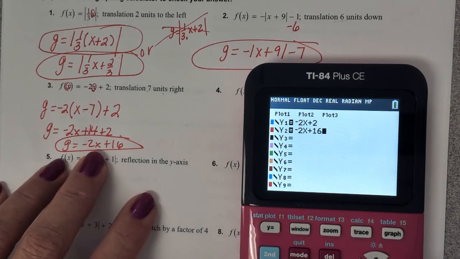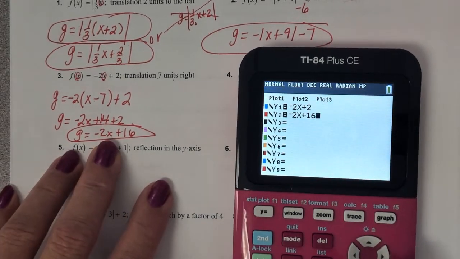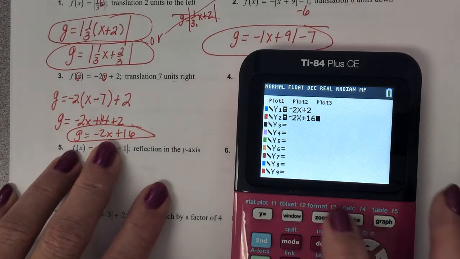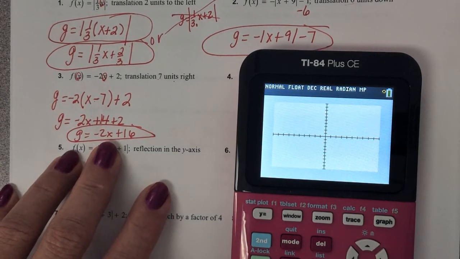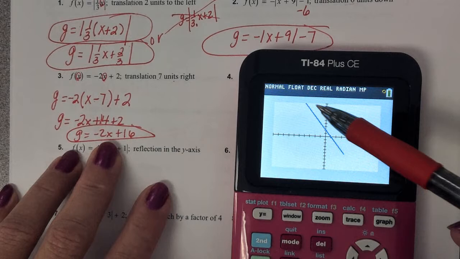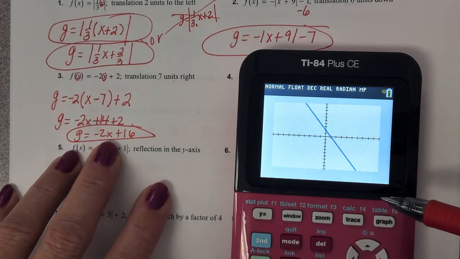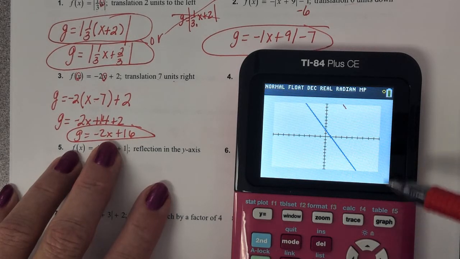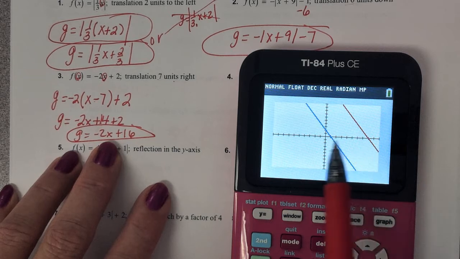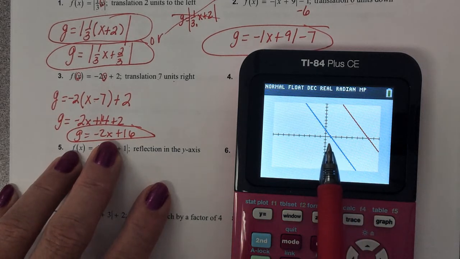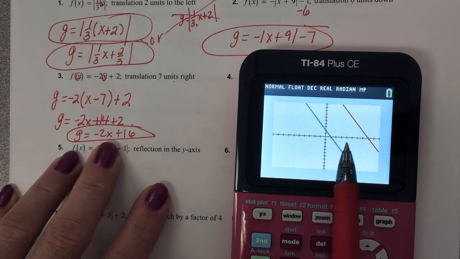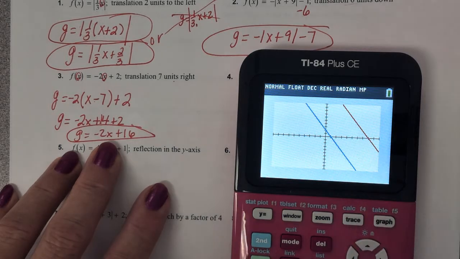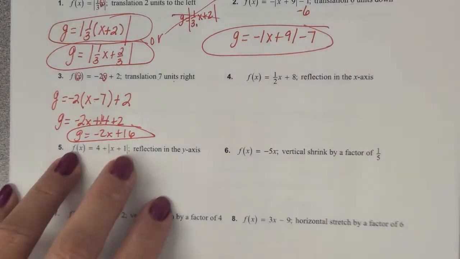That's supposedly going to take it to the right 7 units. Let's see if it does. So here's our negative 2x plus 2, and here's our negative 2x plus 16. It was supposed to go to the right 7. 1, 2, 3, 4, 5, 6, 7. Yep, it did it. Okay?